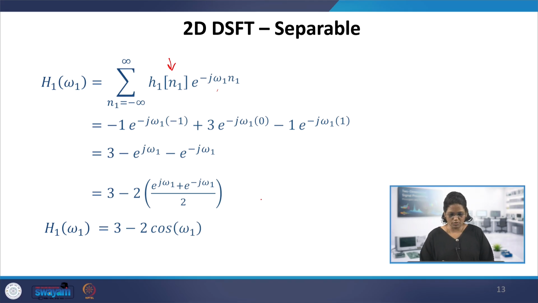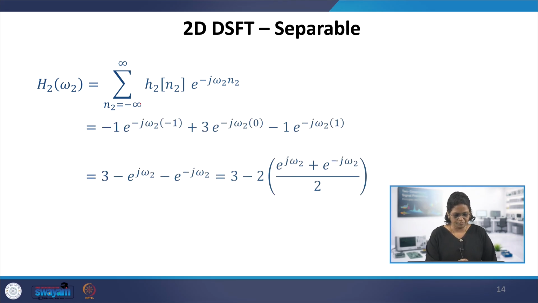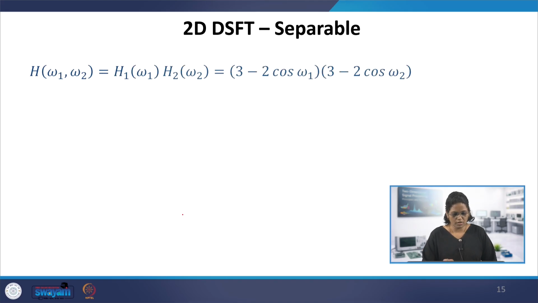This is one filter, and taking H2, which is another 1D sequence, compute its DTFT. The DTFT similarly results in 3 minus 2 cos omega 2. So now we have H1 and H2 for the separable sequence. What is the property we had?